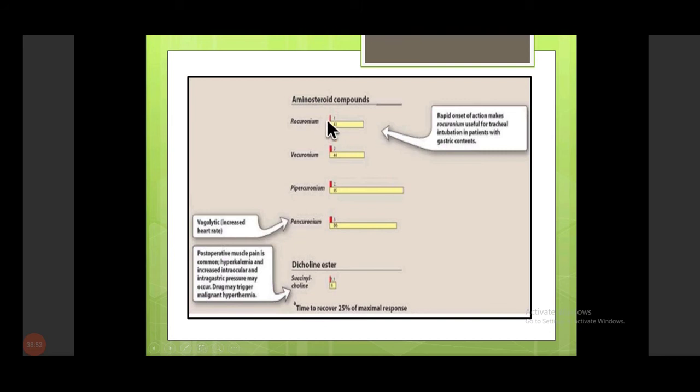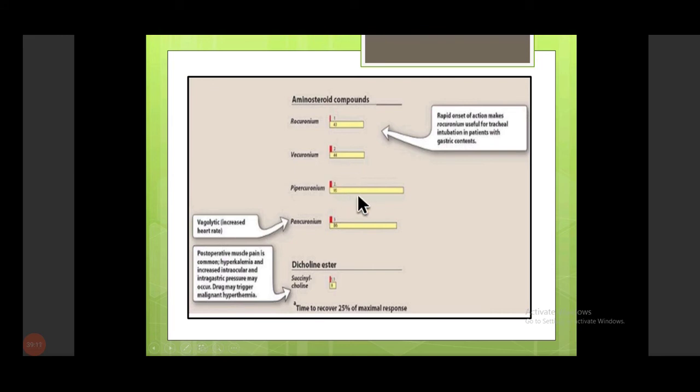Newer derivatives like rocuronium, vecuronium, pipecuronium, pancuronium. As we can see in case of rocuronium, it is rapidly acting. The action occurs within a span of 1 minute, quickly acting.